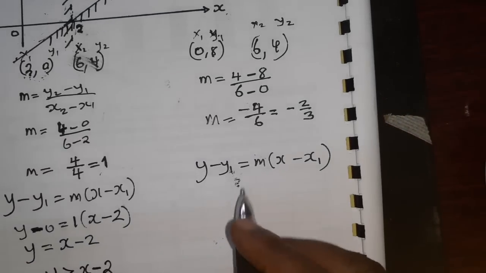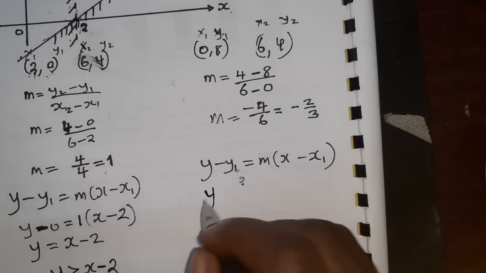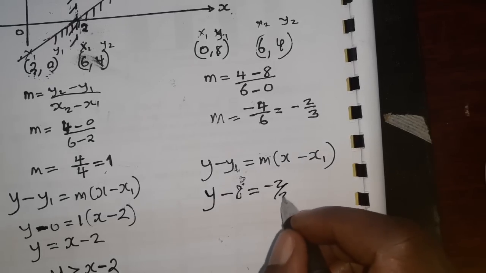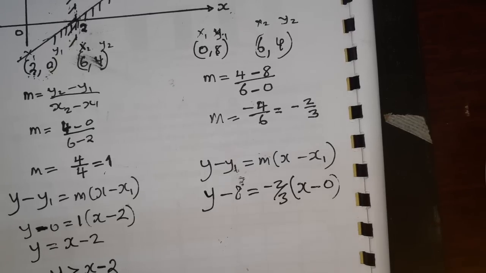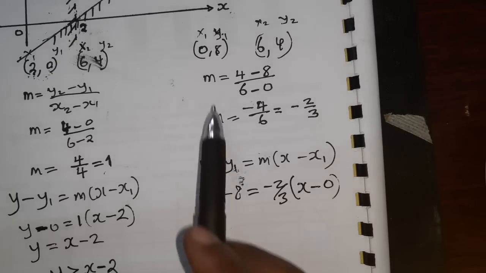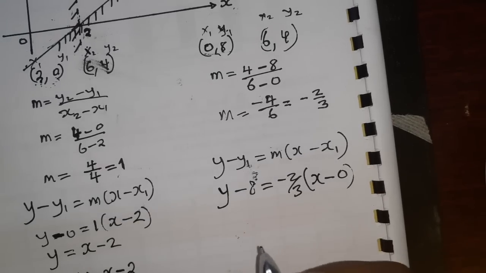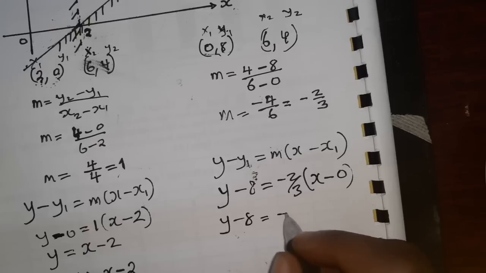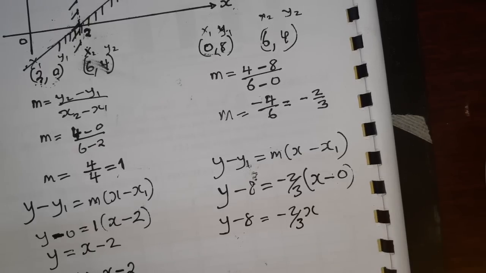And this side, what do you need to do? You also say y minus 8 is equal to negative 2 over 3 x minus 0. We're using these coordinates here. So y minus 8 is equal to negative 2 over 3 x, because that part is going to give us 0.